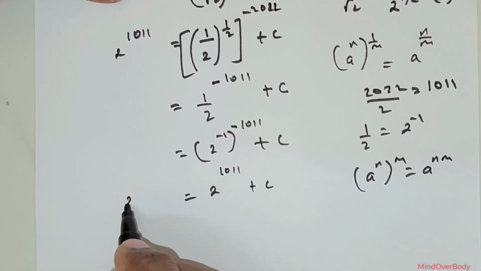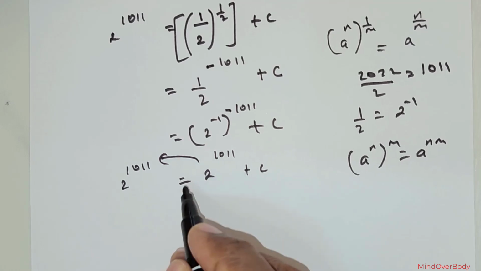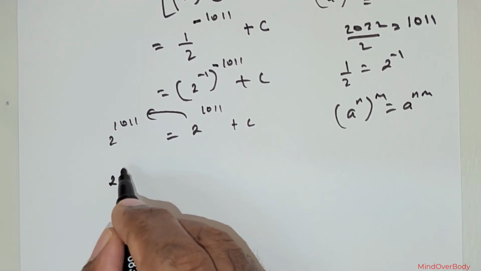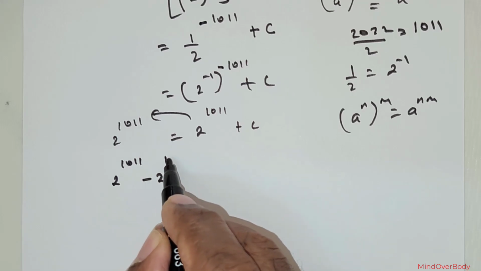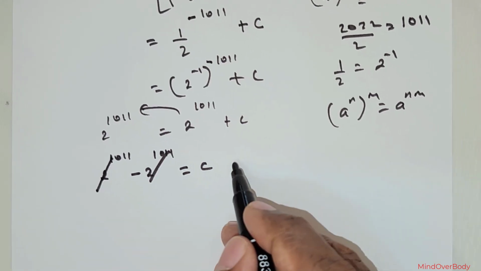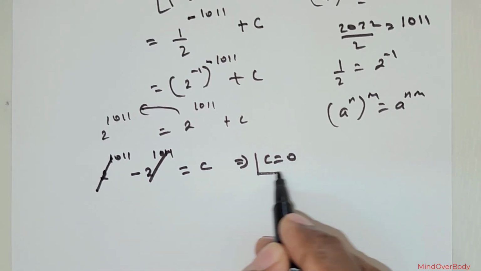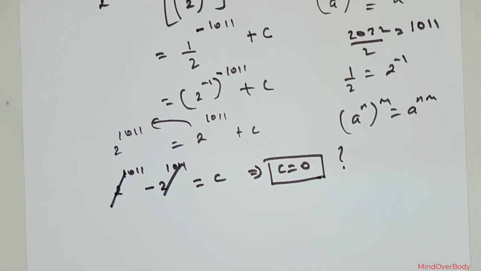So what do you got on the left? You have 2 raised to the power of 1011. Now move this to the other side. So what is that going to be? 2 raised to the power of 1011 minus 2 raised to the power of 1011 is equal to c. Now positive negative goes off. This means c is equal to 0. Now we did all these things to find the value of this constant c. So go back here.